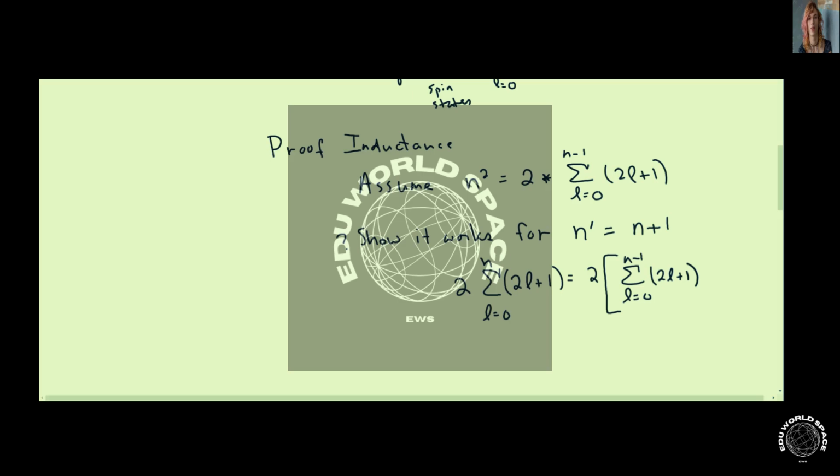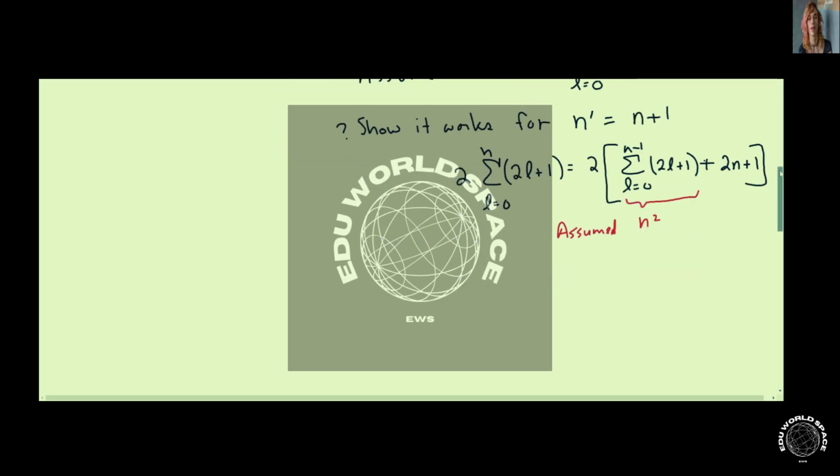The next term has n in it. It's just one term, so there's a sum plus a little left over. We assumed that the sum for n was true, so we have assumed that this first sum is n squared. And so the degeneracy for n prime is twice n squared plus 2n plus 1.